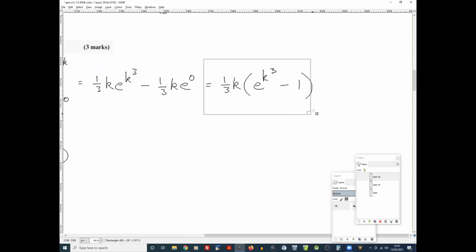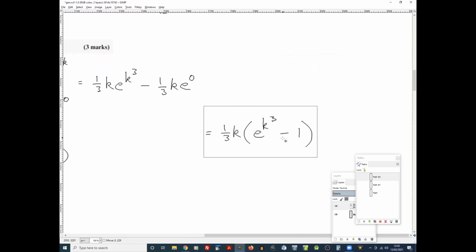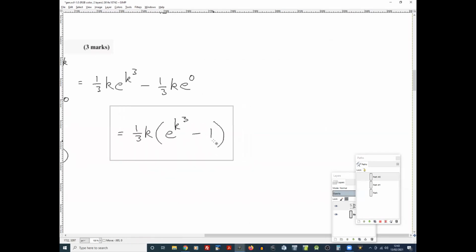A third k times e to the k cubed minus 1 equals 2/3 e to the 8 minus 1. Okay, well, that means that we know that k is 2. I'm not sure. Let me catch up.